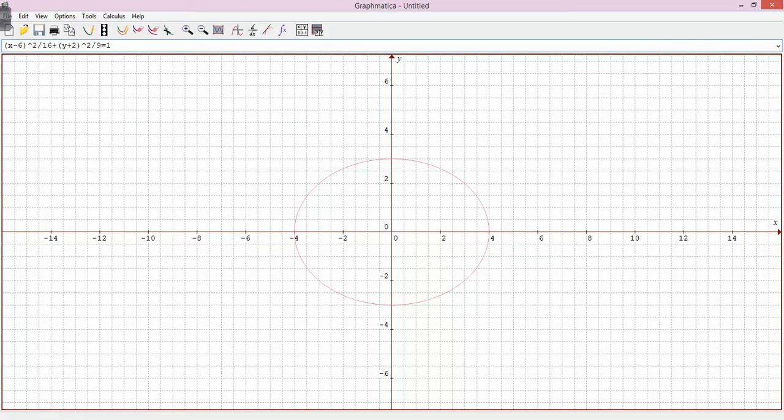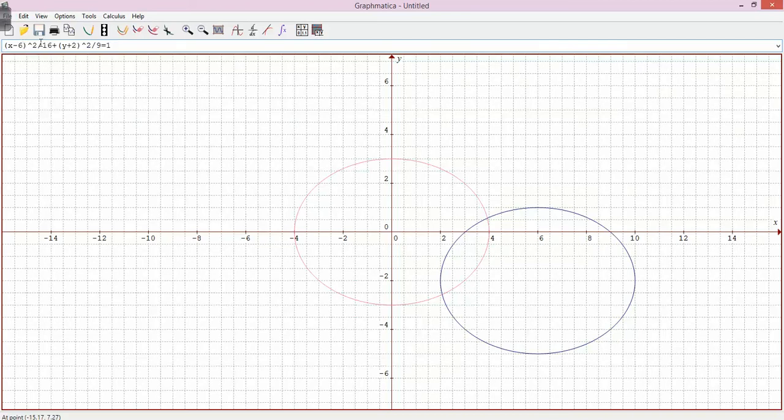Hopefully you're getting the pattern here. (x minus 6) squared, but (y plus 2). So across 6 and down 2. Yep, that seems to have worked. Hover the cursor there, you can see that's definitely an ellipse, and its center is at 6, -2.